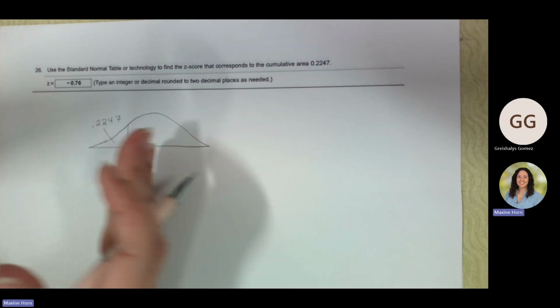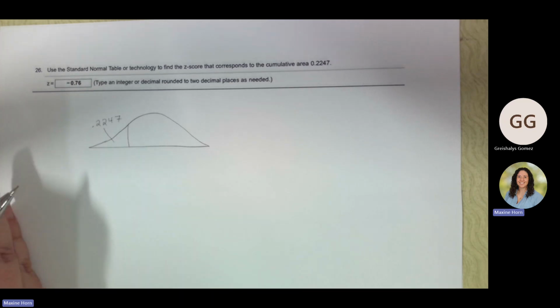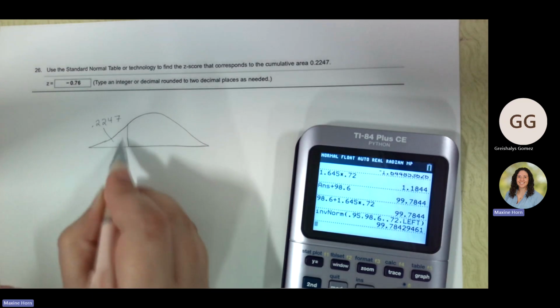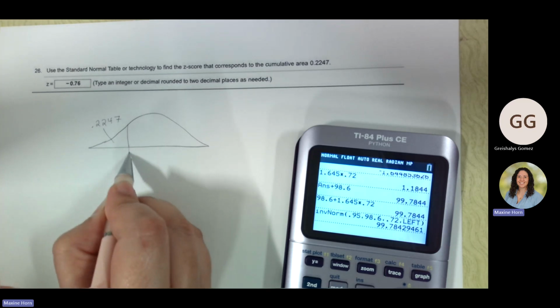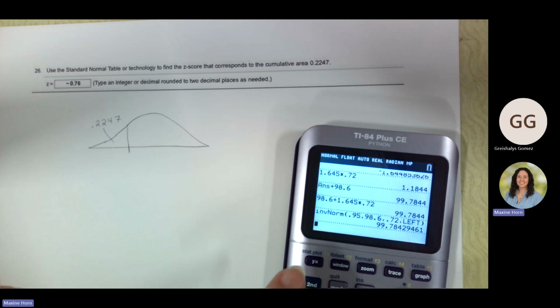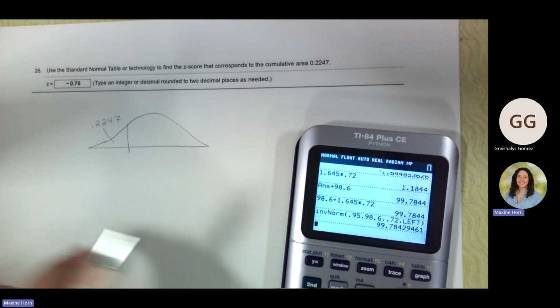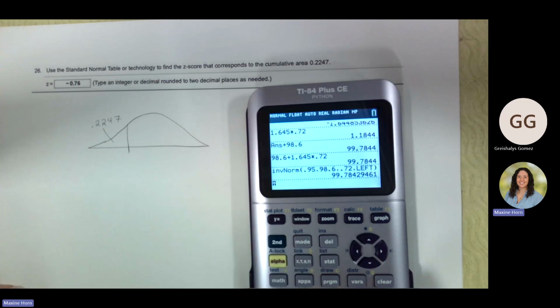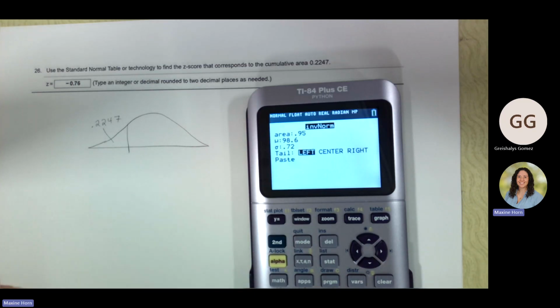So we know since 22% is less than 50%, we know we're to the left of the mean. So again, I'm given an area. I'm asked to find the corresponding Z-score. So that's inverse norm, right? Given an area, find a Z-score or an X value. That's inverse norm.